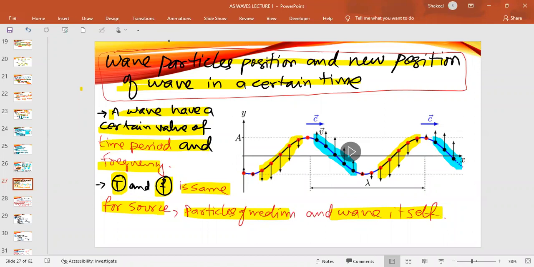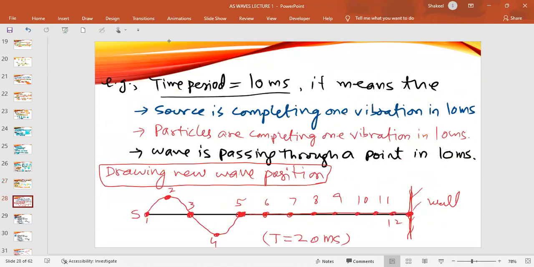So now what we have to do is make the new wave position, that after a certain time what the new position of the wave will be. So let's say a wave is having a time period of 10 millisecond.